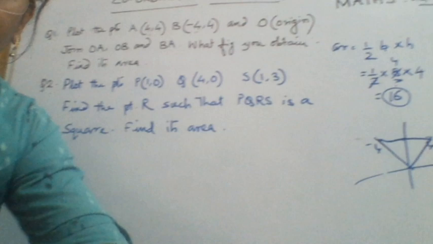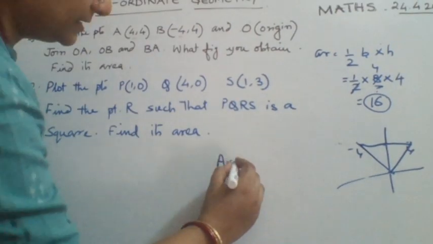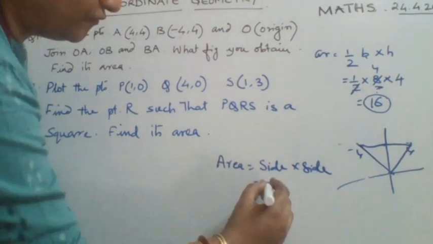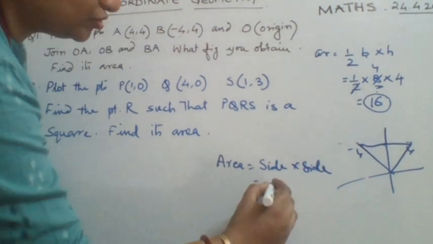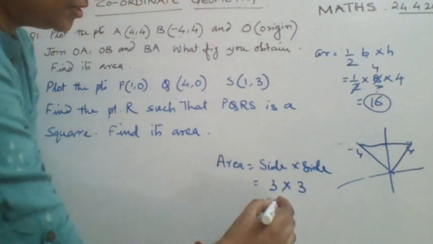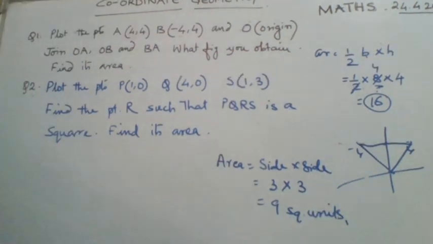So now you find the area of the square. Area is equal to side into side, and the side you have seen starts from 1 to 4, so this was 3 units, and on the other, the perpendicular, it was also 3, so this is 9 square units. You need to complete it, write it 9 square units.